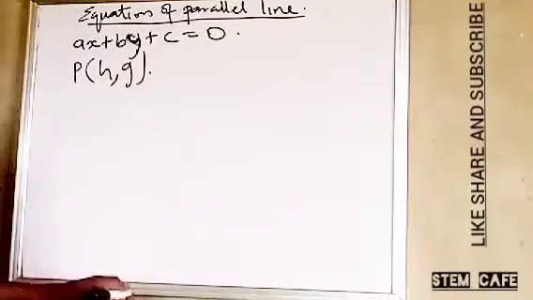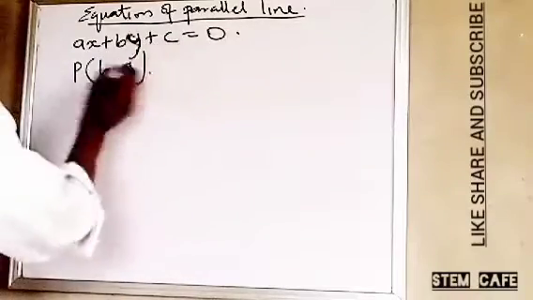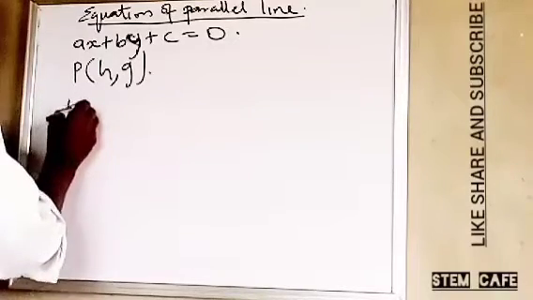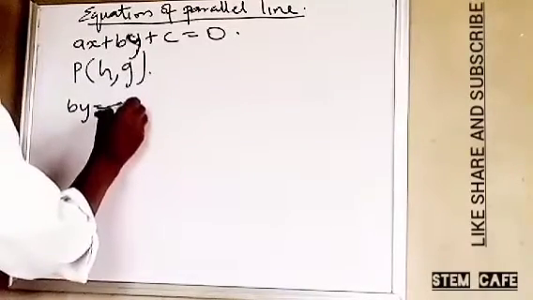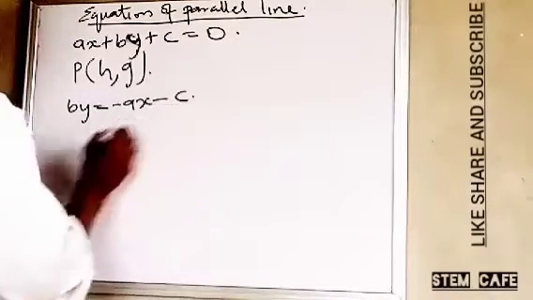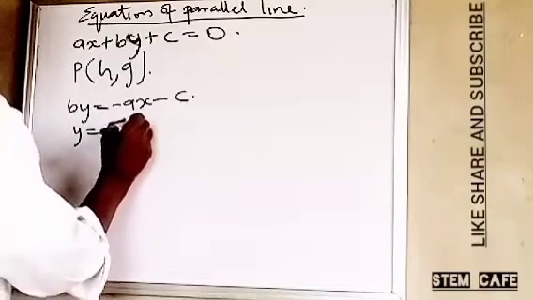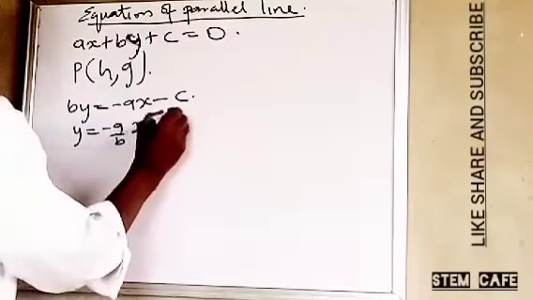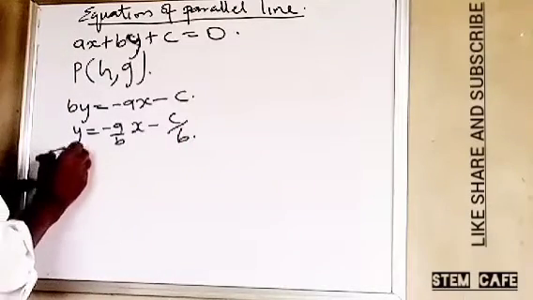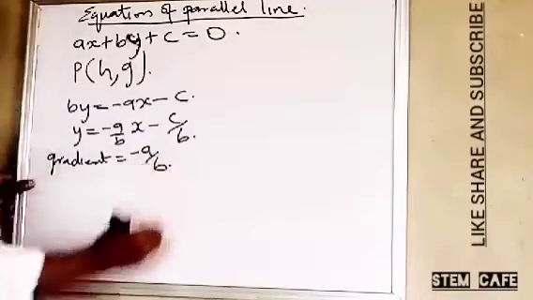So how do you go about that? Before we find the gradient of this one here, we say by equals minus ax minus c. So y equals minus a over b x minus c over b. So our gradient is equal to minus a over b.